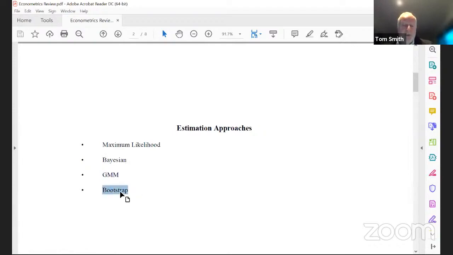And the bootstrap, incredibly easy to use. You treat the sample as representative of the population, you draw with replacement from that sample, you do a whole lot of tests, and then you're able to get the confidence interval of your parameters. And it is the basis of big data and machine learning. So these two methods are used more and more. They've come to sort of take over the econometrics world.